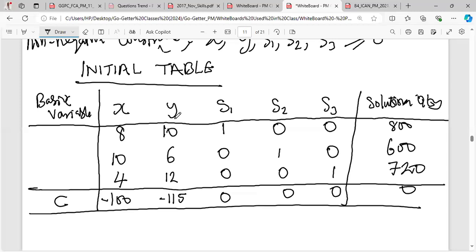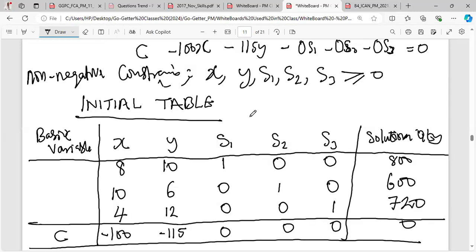Now, if you look at our initial table, that is the origin. In our graph, it is that point where x is 0 and y is 0. We are looking at it assuming that we have not done anything; we are just setting up, we have not produced.